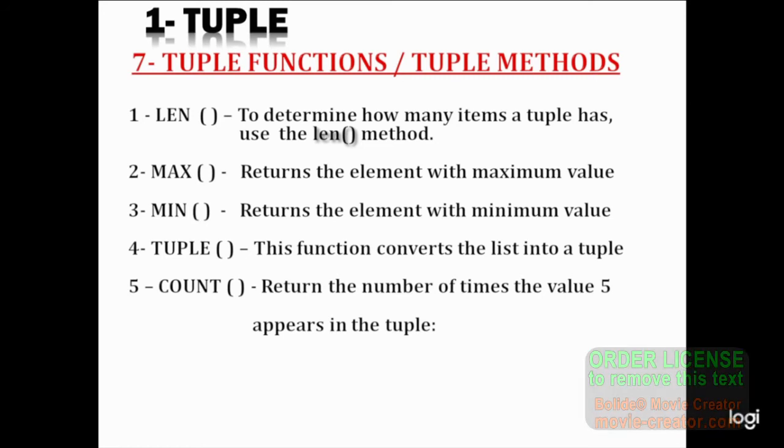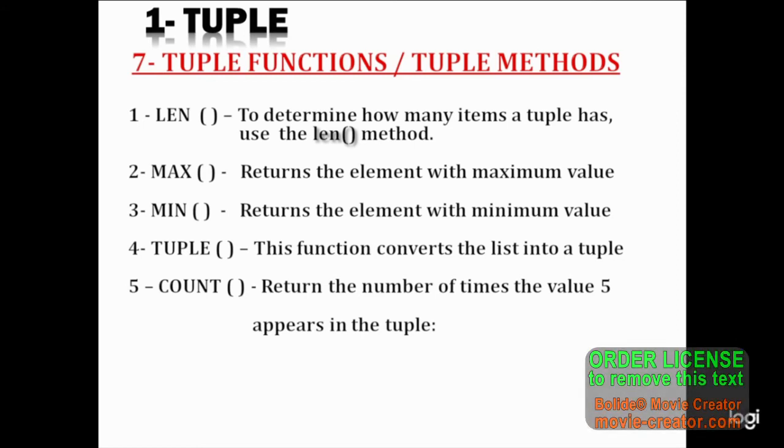To determine how many items are available in the tuple, you can use the length method. It will return the number of data items of the tuple. Second function is max. The max function will return the maximum value from the tuple collection. Third one is min. The min function will return the minimum value from the tuple collection.